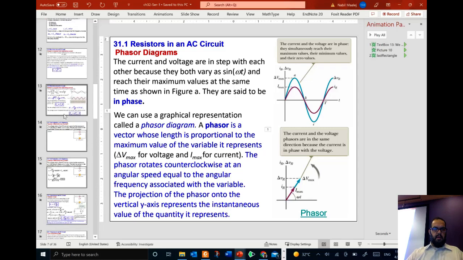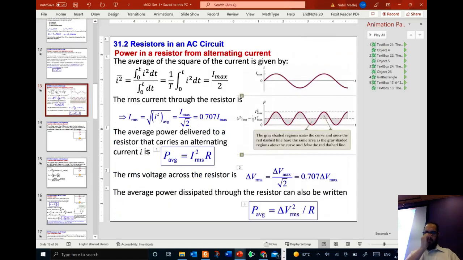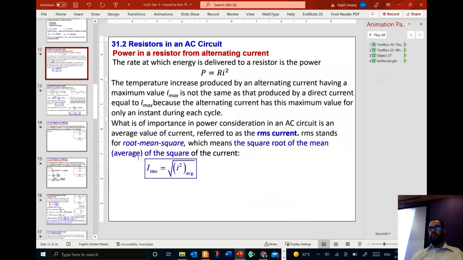Remember, we also defined the average power. In order to determine the average power, we need either the RMS current or the RMS voltage. RMS is root mean square, meaning it's the square root of the average of the square.